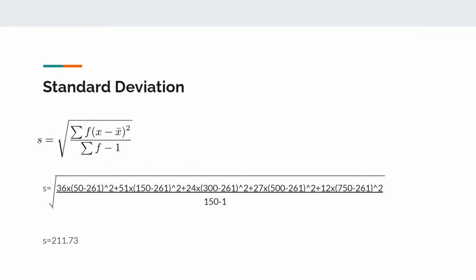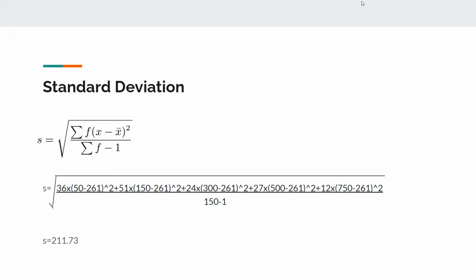Which is the root of 36 times (50 minus 261) squared plus 51 times (150 minus 261) squared plus 24 times (300 minus 261) squared plus 27 times (500 minus 261) squared plus 12 times (750 minus 261) squared, where the calculation inside the bracket is the midpoint minus the mean, and the first number of each term is the frequency.